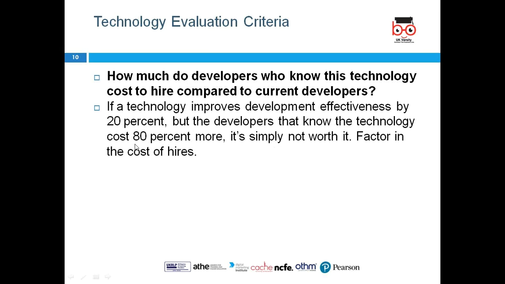How much do developers who know this technology cost to hire compared to the current developers? So obviously, whichever solution you gave, we are not talking within the scope of the solution you would be providing for your assignment, but we are assuming that your solution is for a company, as in the assignment sheet.